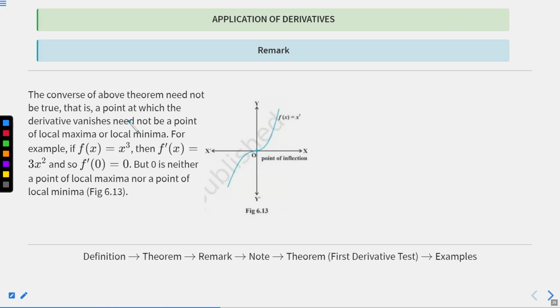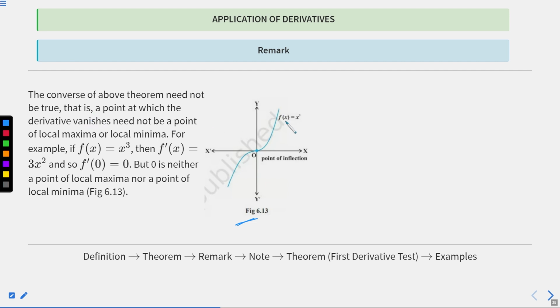Now the remark: the converse of the above theorem need not be true. Why am I saying that? It is quite simple. Converse means, if the derivative is 0, can it be true that we have local maxima or minima? No. Why?